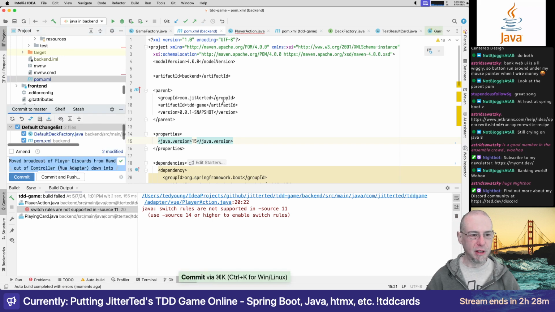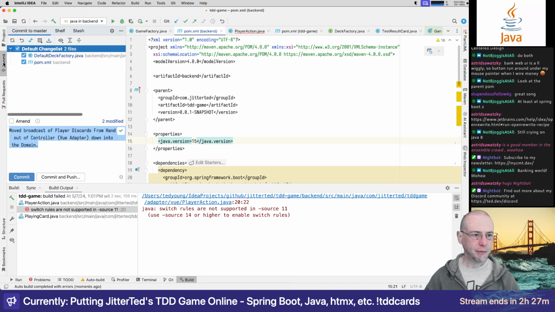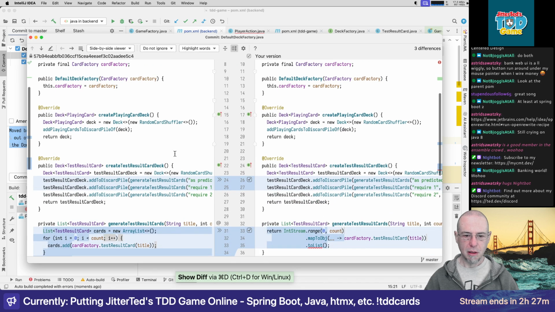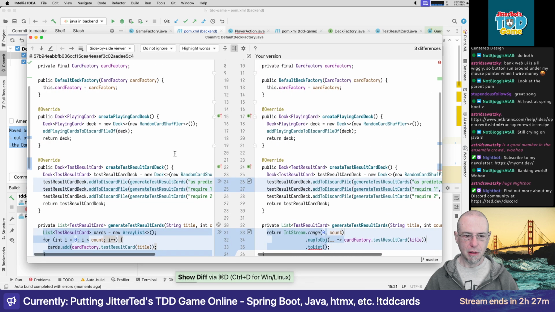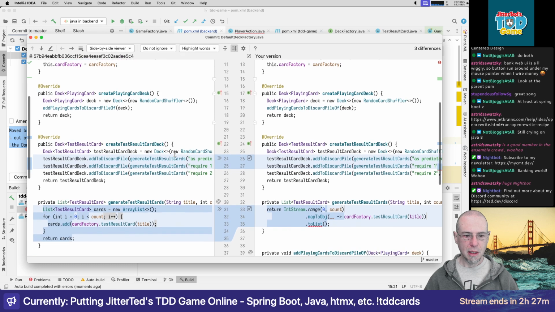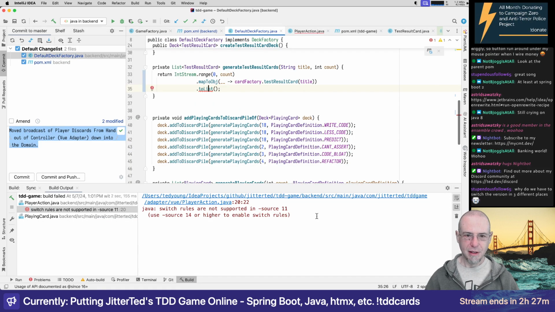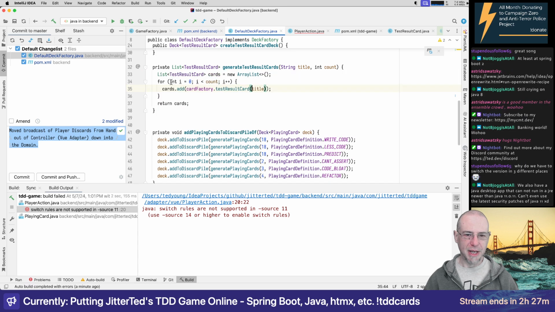What do I have on default deck factory? What's changed there? Looks like, oh, that's interesting. To list, that's 16 plus, right? Let's put this back.